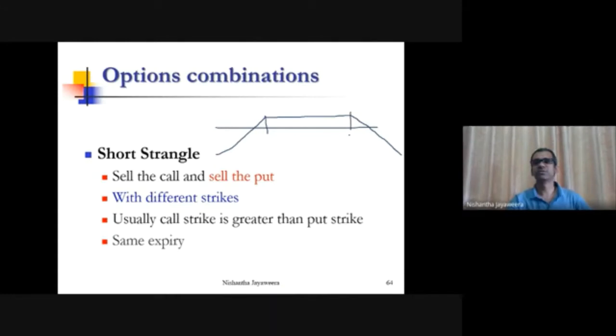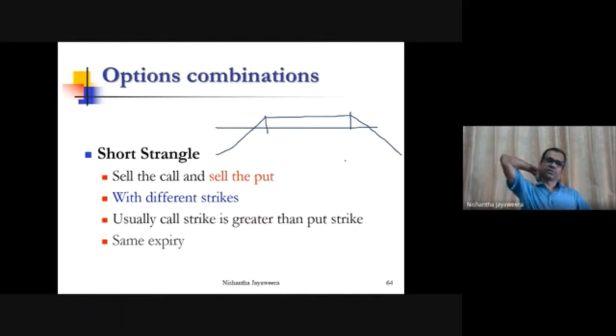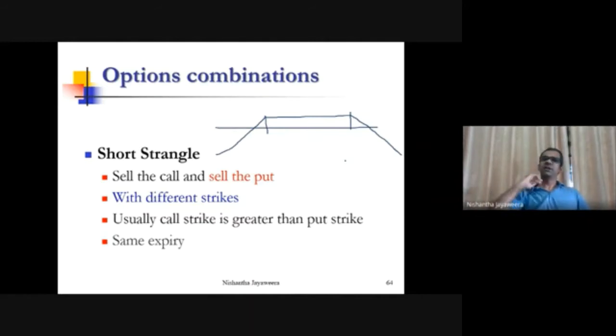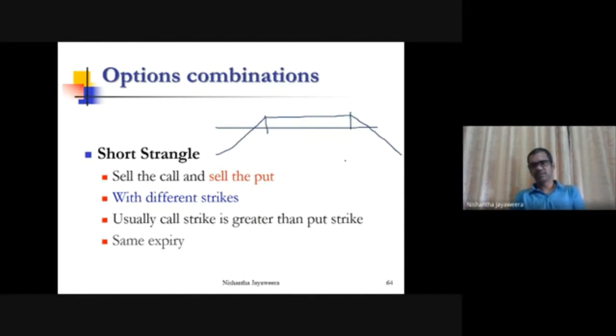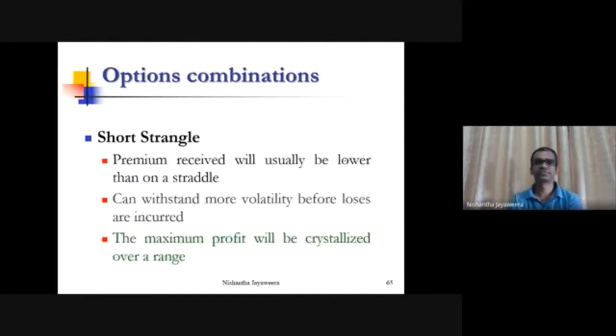In between the two strikes, you make money equal to the premiums collected. Up to the break-even points, your gain will be reduced. Then after the break-even points, it will become an unlimited loss. Again, the premium received is lower than for a straddle.